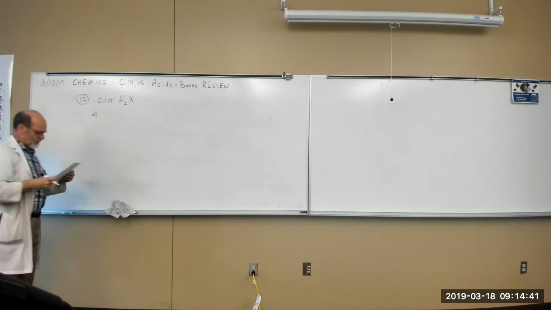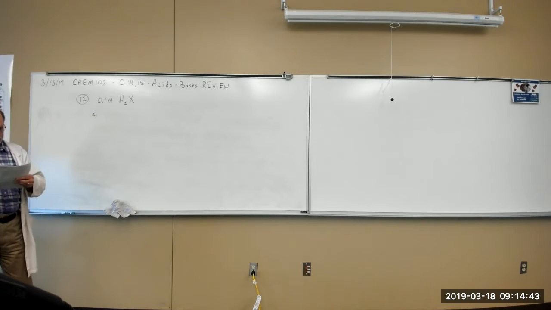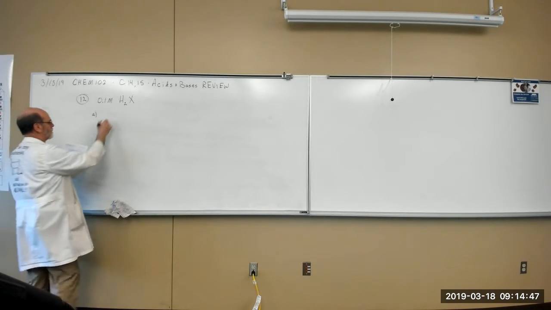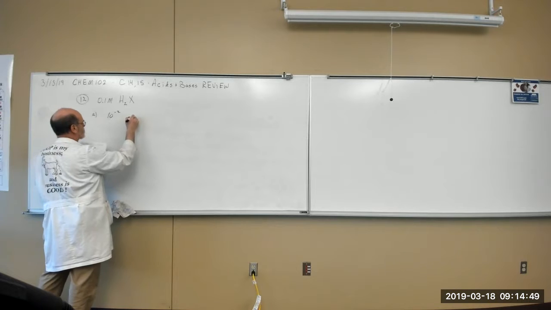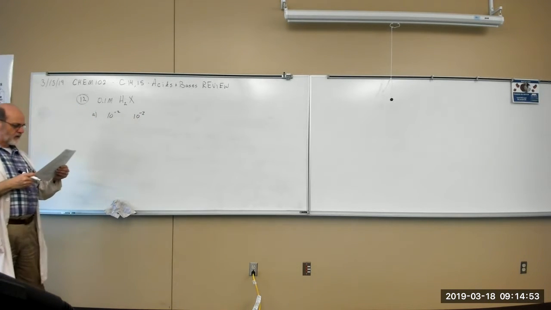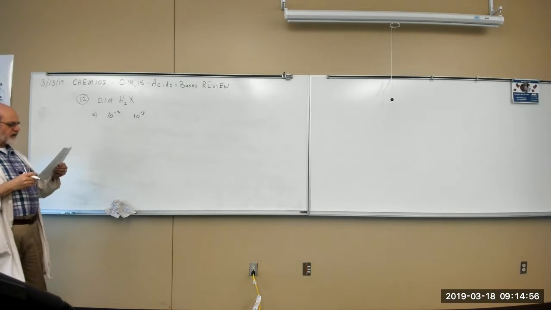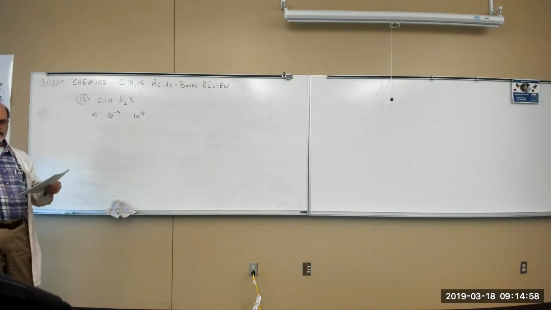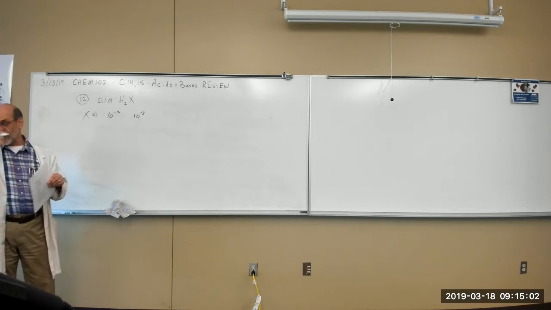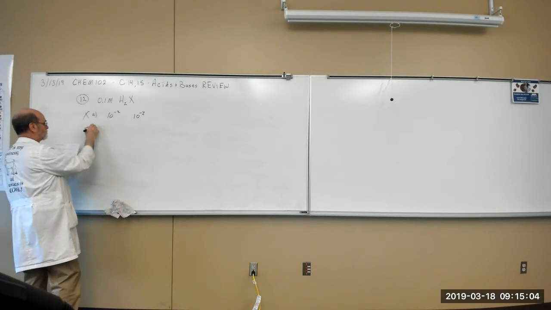Okay. So A, the Ka1 is 10 to the minus 2 and K2 is 10 to the minus 7. So 10 to the minus 2 versus 10 to the minus 7. In which one would the second dissociation affect the pH significantly? Not this one. So that's 5 powers. They're 5 orders of magnitude apart.